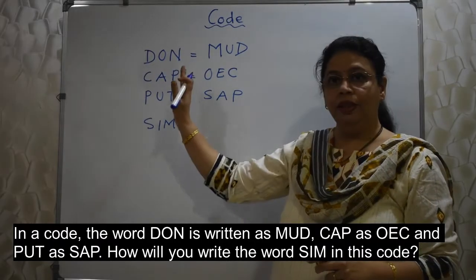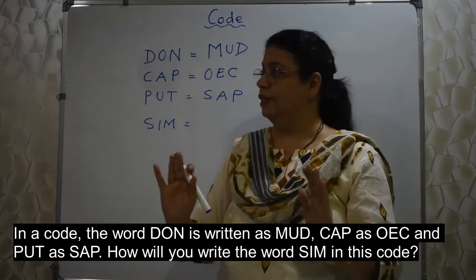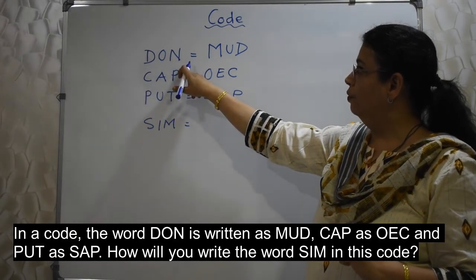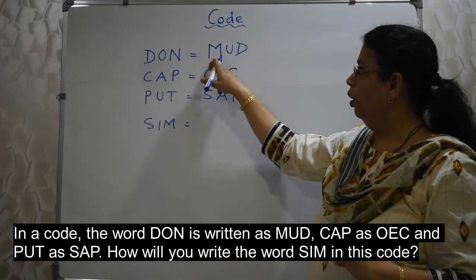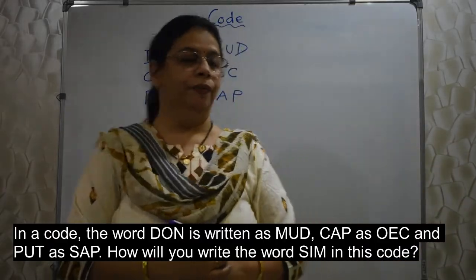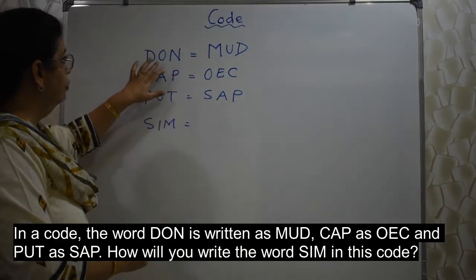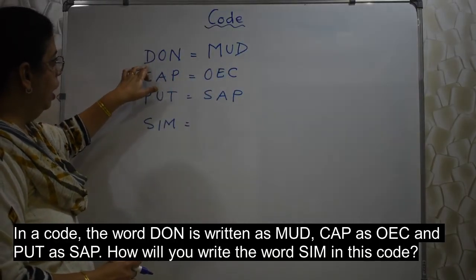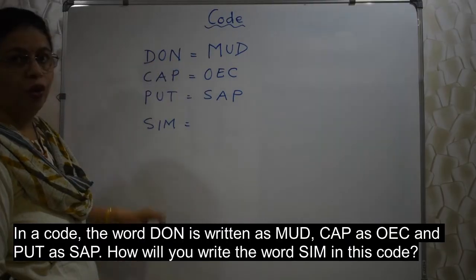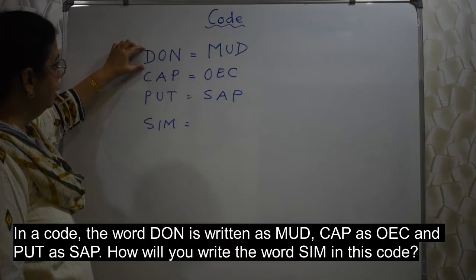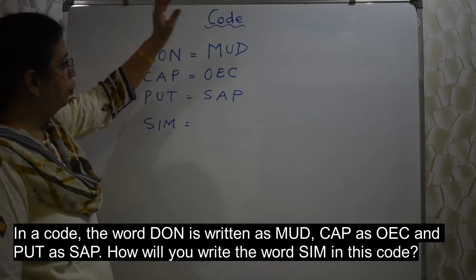See, the first thing is to observe the letters. DON. They have converted it into the code MUD. How? Can you think of anything? See students, the first letter, if you see, is a consonant and the other two, the first is a vowel and the last is a consonant. D, the first letter, they are just picking it up and putting it last.